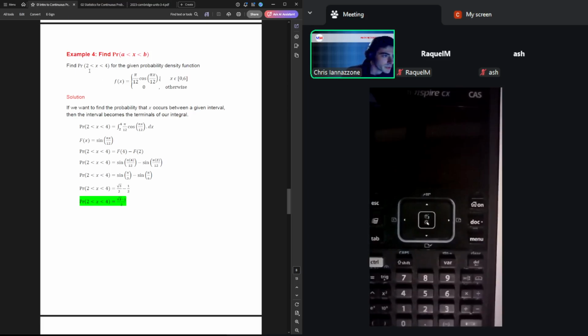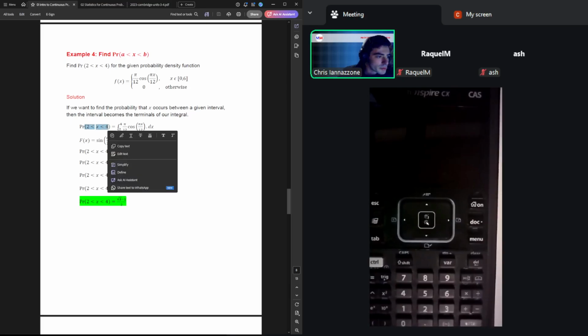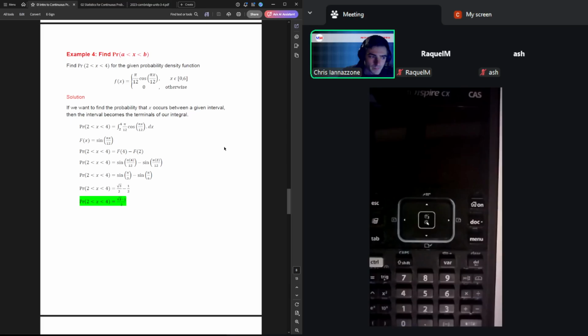Whenever you're trying to find probabilities in a continuous probability scenario, with a probability density function, anytime this is the case, those boundaries become your integral boundaries, and that's it. So what you'll find is pretty much this entire little subset of probability is just finding area under curve, definite integral, definite integral, definite integral, and just different ways of doing that.